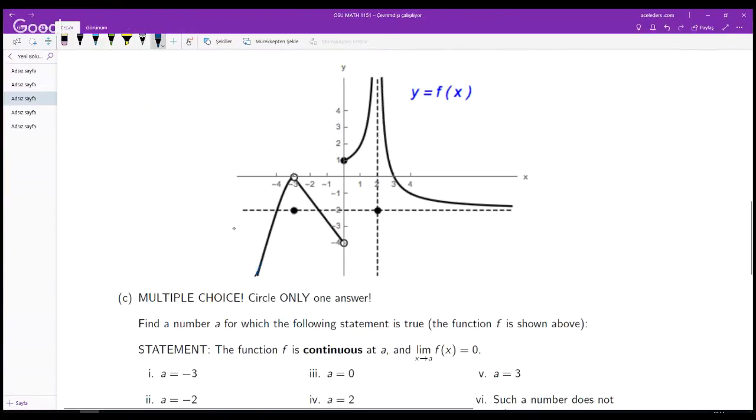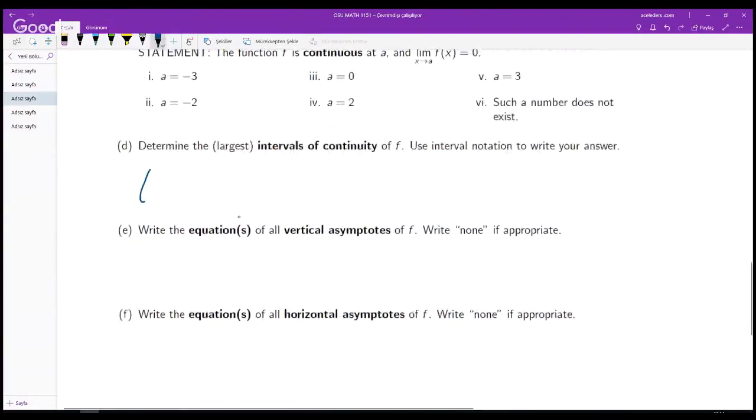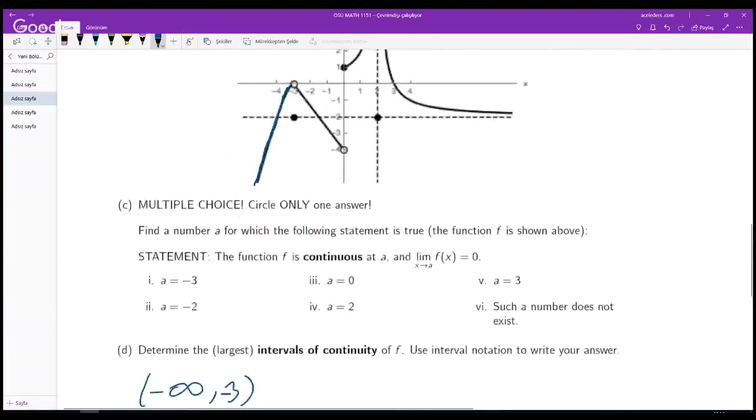For example, here, this is the first line segment. So this is x going from negative infinity to minus 3. Okay, so the first one, negative infinity to minus 3, and I will have a rounded bracket here because we will not include minus 3, because the function is not continuous at minus 3.